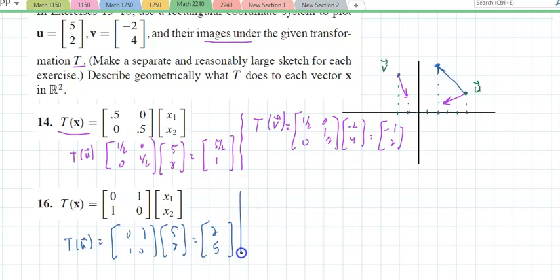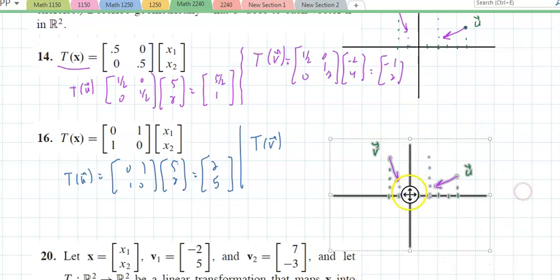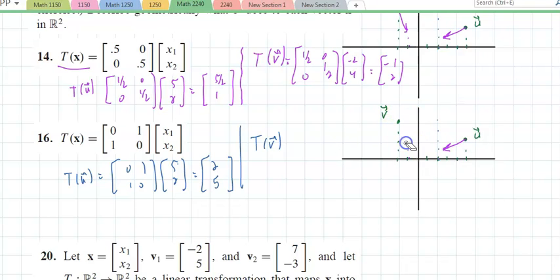And if I apply this on vector v, you know what, let me make another graph. So in this case, what happens, it took 5, 2.